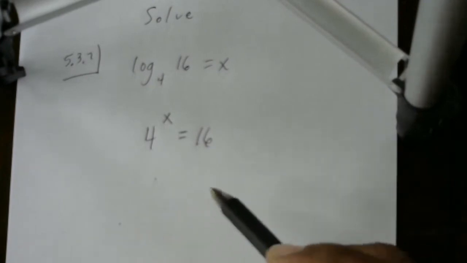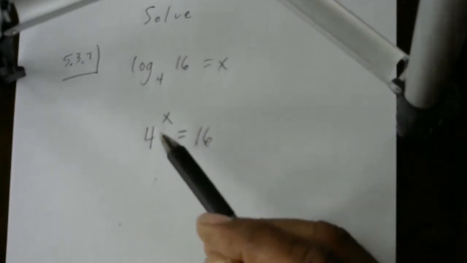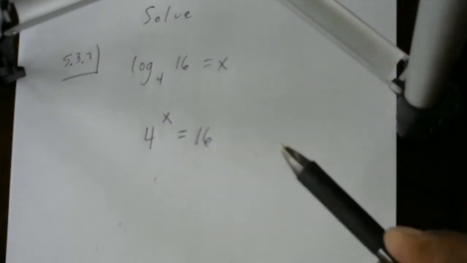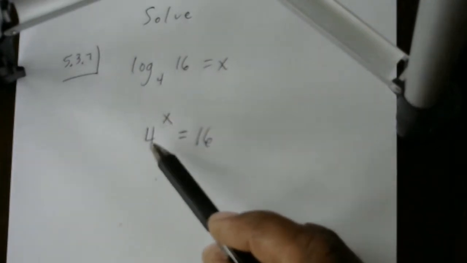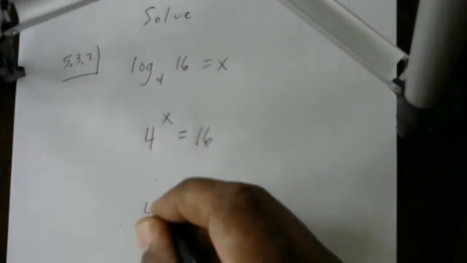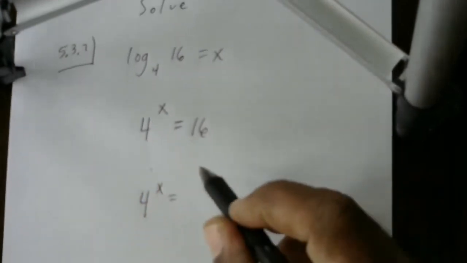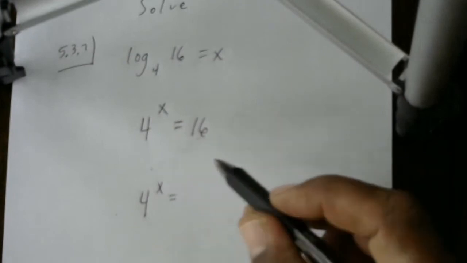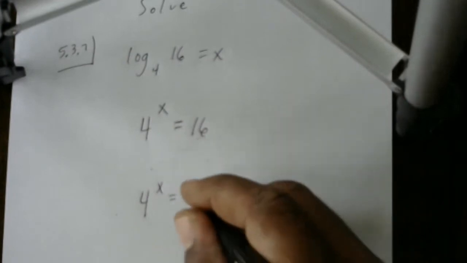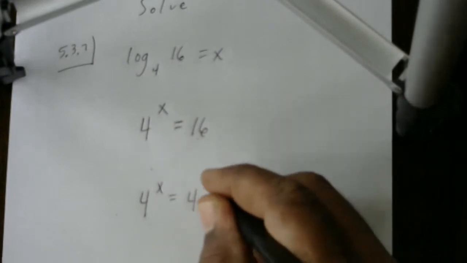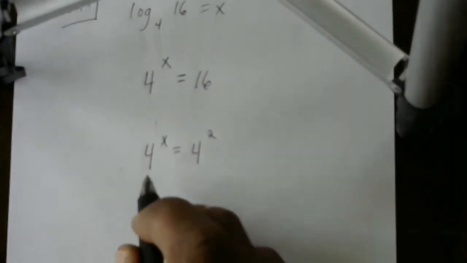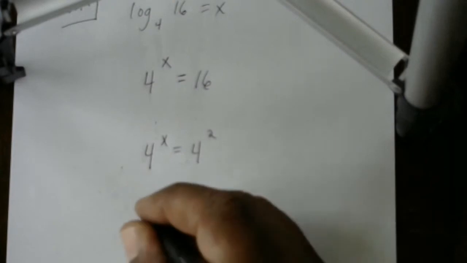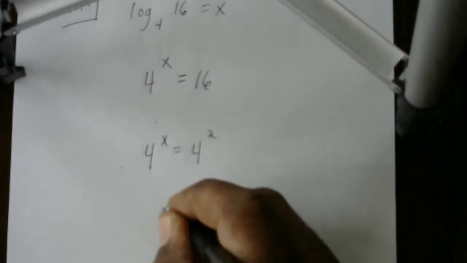So now how do we solve it? Well, since this is in exponential form, I'm going to try to use the change of base. For 4 to the x, I have a base of 4. I'm going to bring that down. I want to rewrite 16 as a base 4. So 16 is 4 squared. Now, since we have the exact same base, we can drop the base, set our exponent equal, and solve.